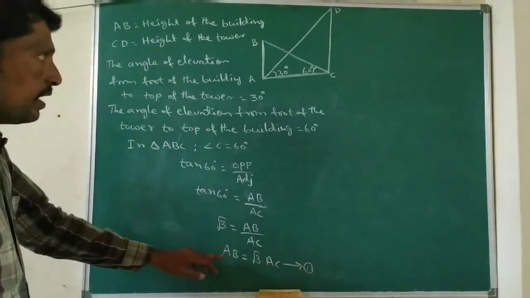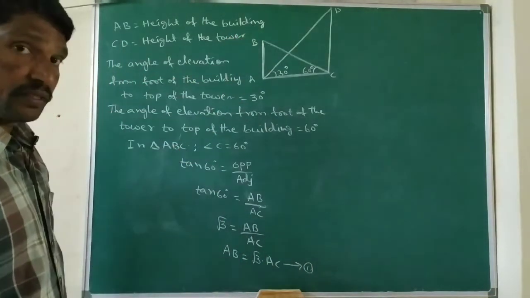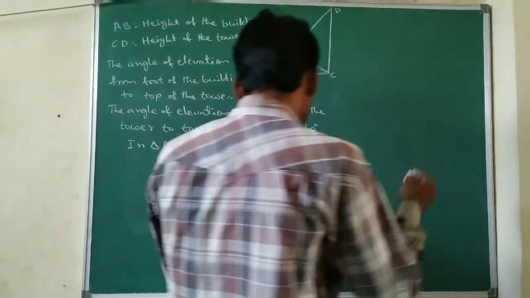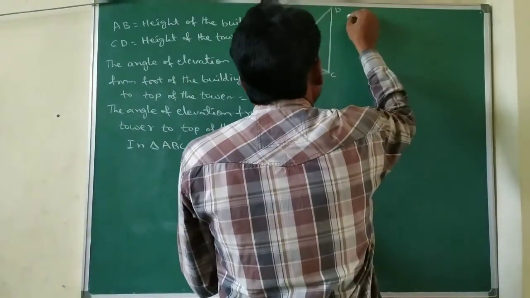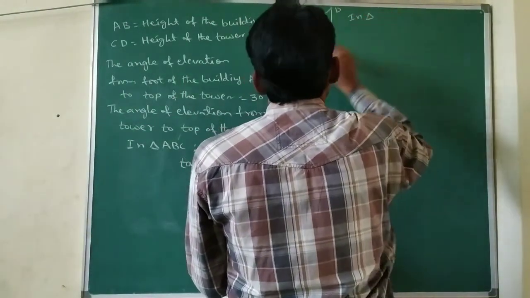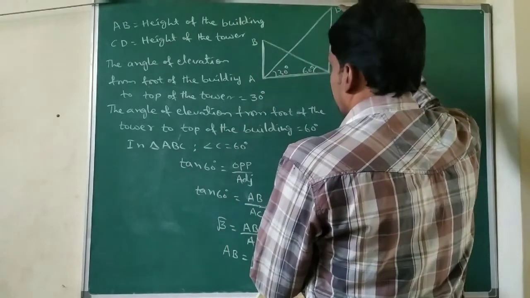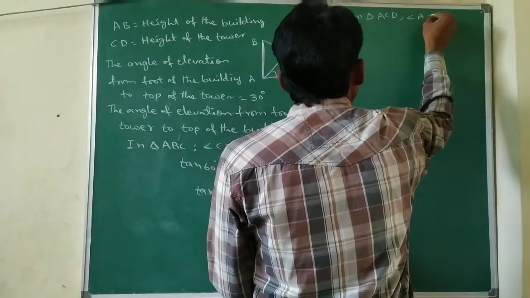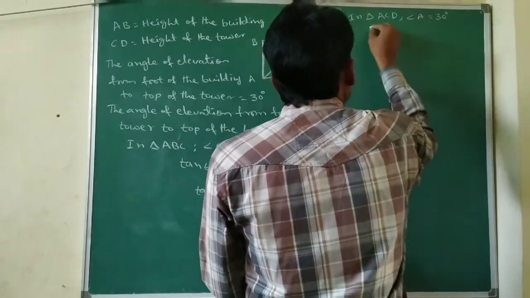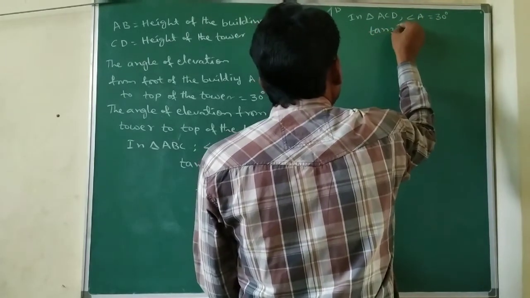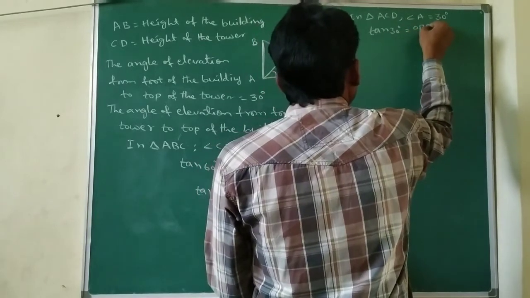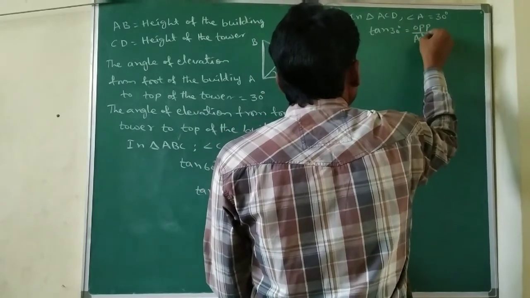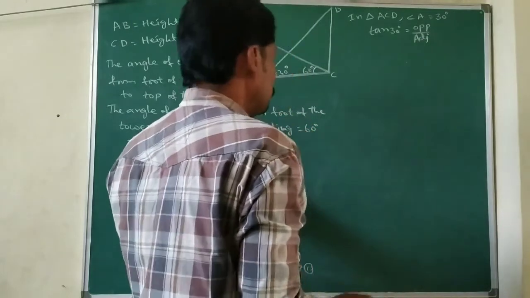What is AB here? AB is the height of the building. Now in triangle ACD, angle A equals 30 degrees. So tan 30 degrees equals opposite by adjacent.